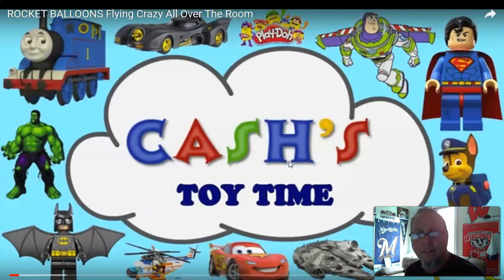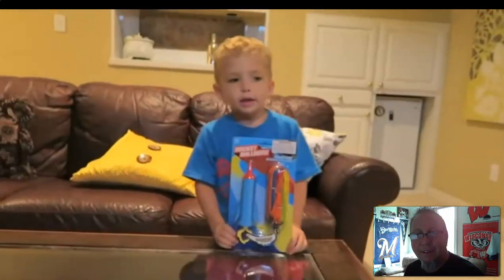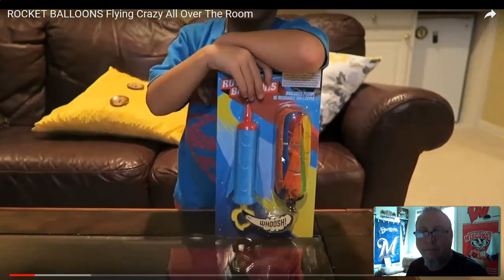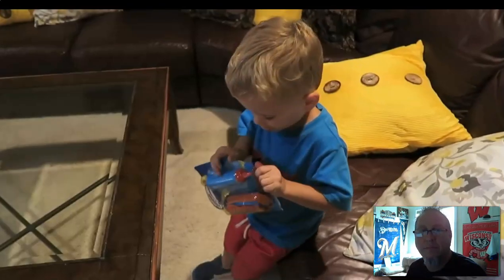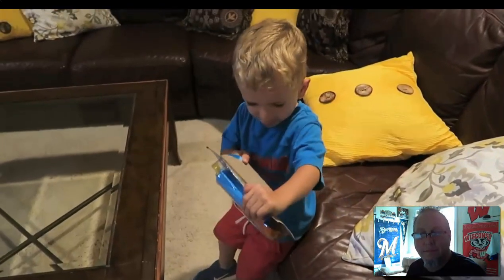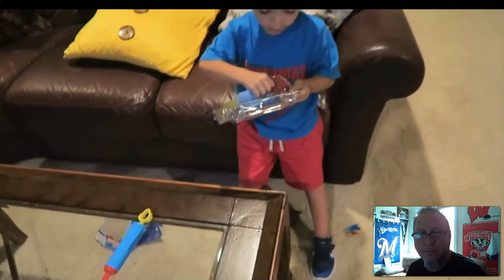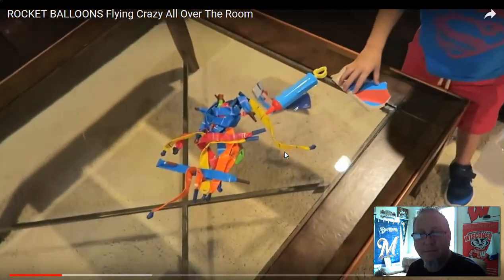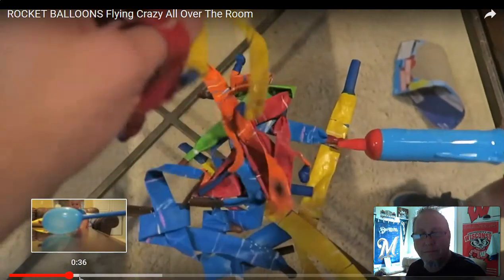Whoa! That's a car toy. What is that? It's rocket balloons. Rocket balloons. Yeah. So you're supposed to air them up and then shoot them? Yeah. Rip it open. Cool. It's a lot of balloons. Yeah.